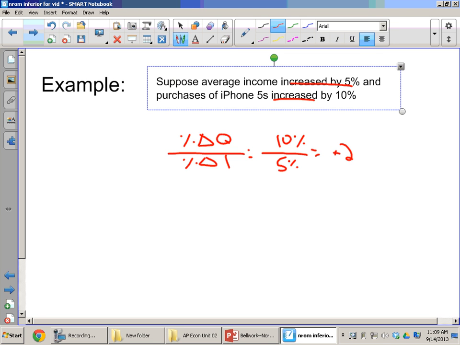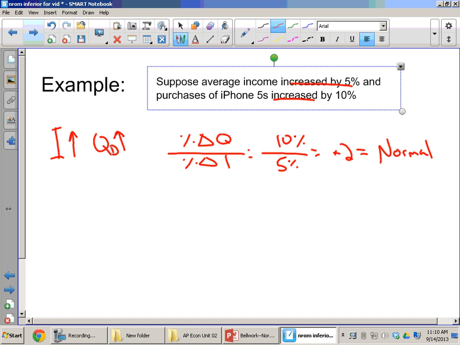And I will note it is a positive 2. Normal goods are positive. Why? Because when your income goes up, then typically the quantity demanded for a particular good goes up. When you have more money, you buy more of a good. So the same thing applies in this scenario. Because we know that income is going up and quantity is going up, it's a direct relationship. It's a positive relationship. This good is normal.